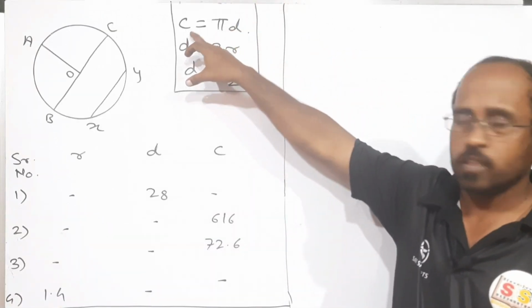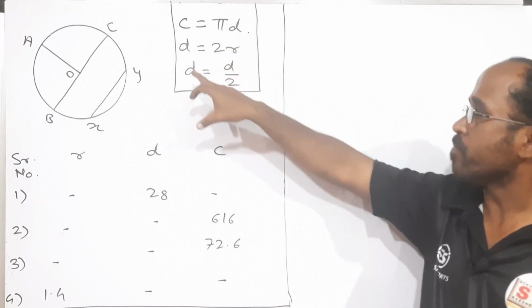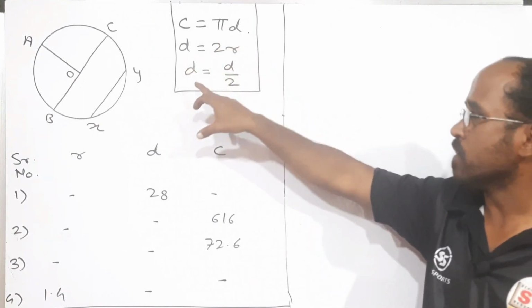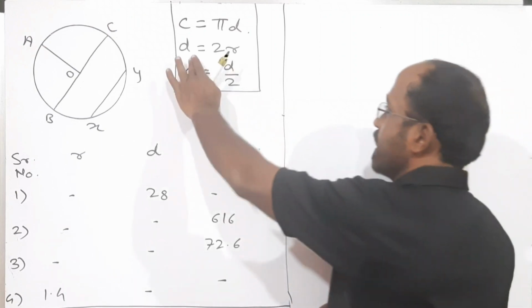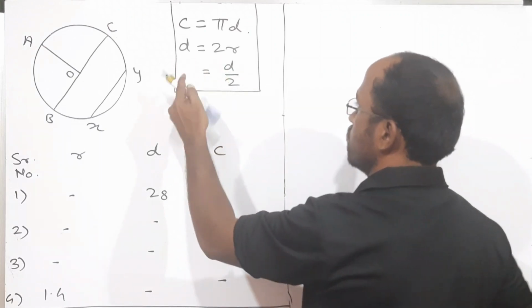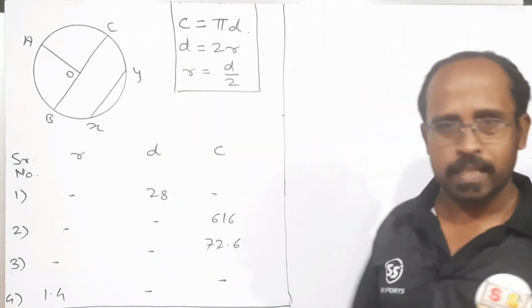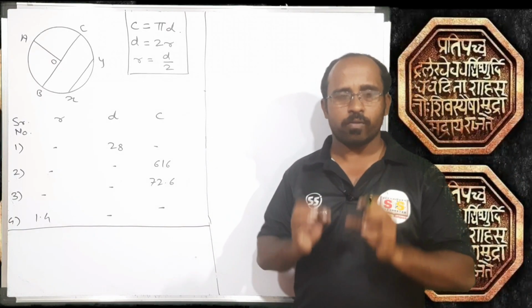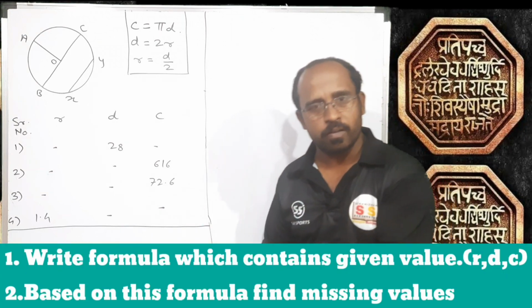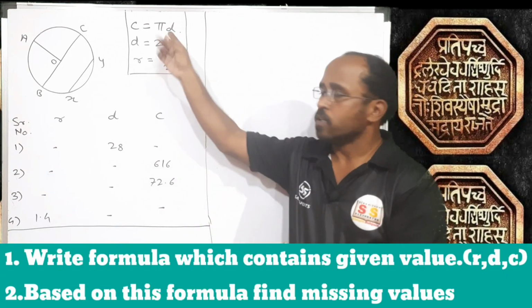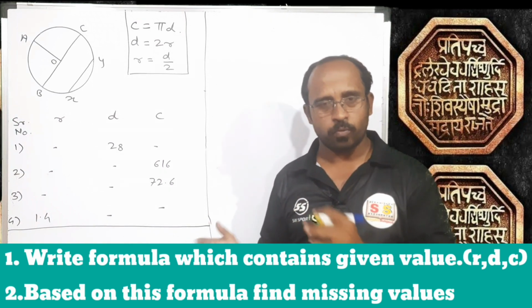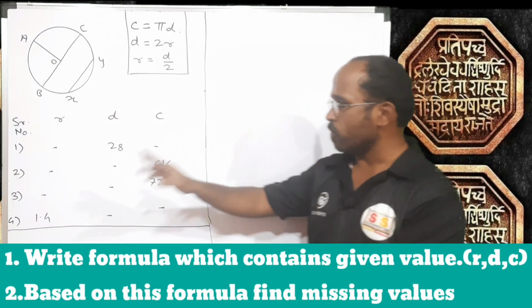Formula of circumference is equal to pi multiplied by d. Diameter is double, twice of radius, and radius is half of diameter. Clear? And the most important thing, to find out any value, we have to write the formula in which that thing is there, and replace the values in the formula to find the missing thing. So let's go for it.